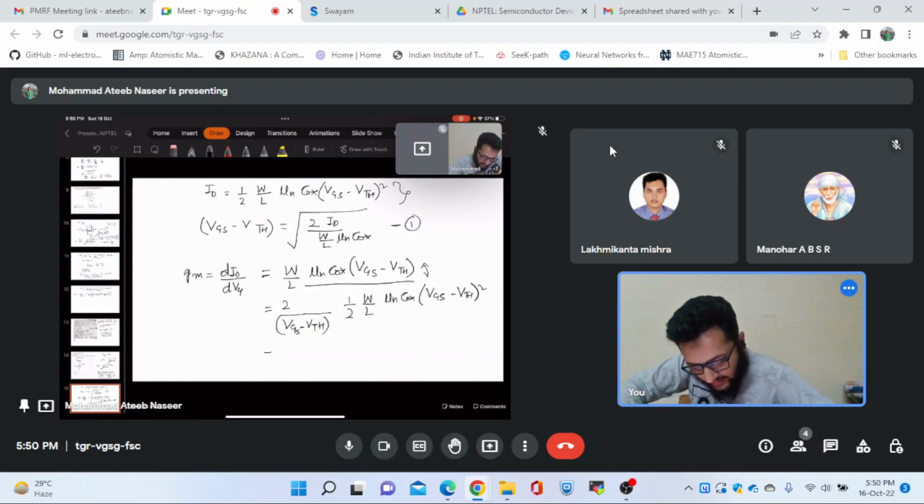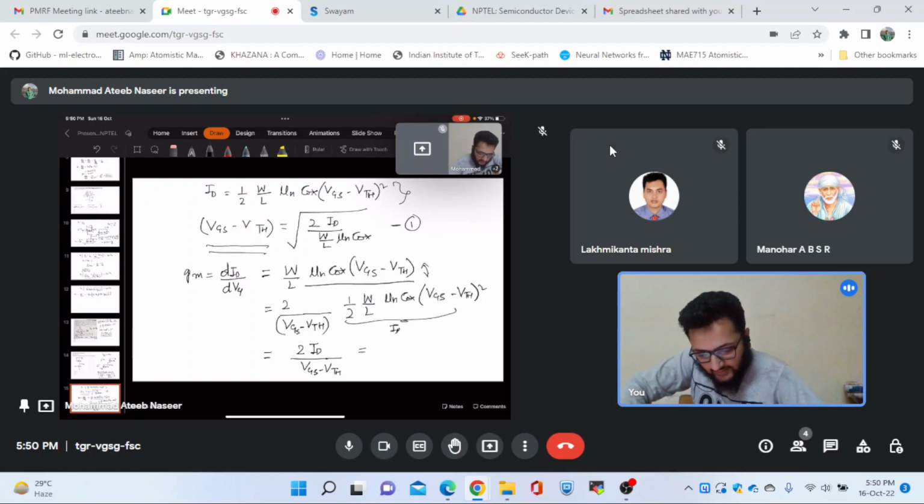Now I can simply say this is equal to ID, so it becomes 2 times ID by VGS minus VTH. Now I know the value of this VGS minus VTH, so I will divide by this value.